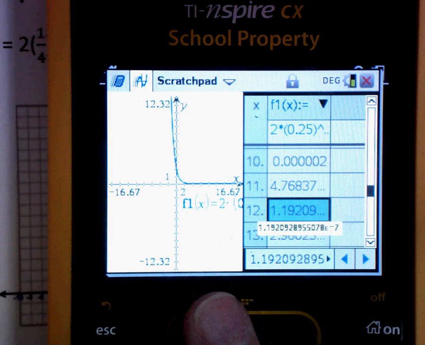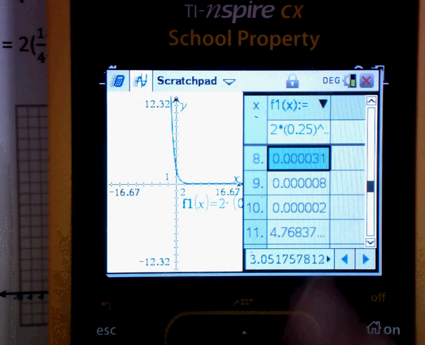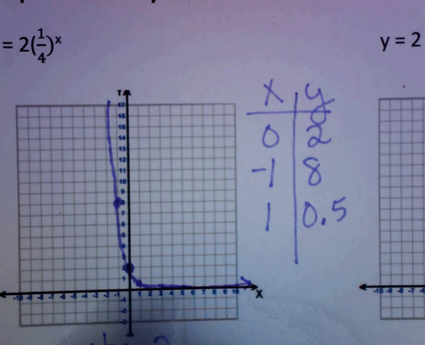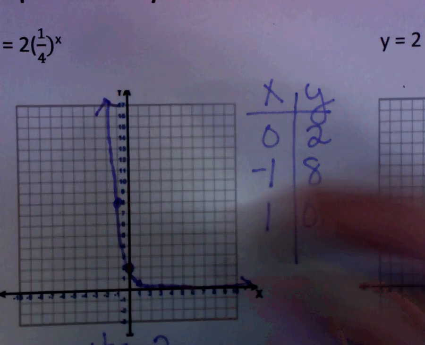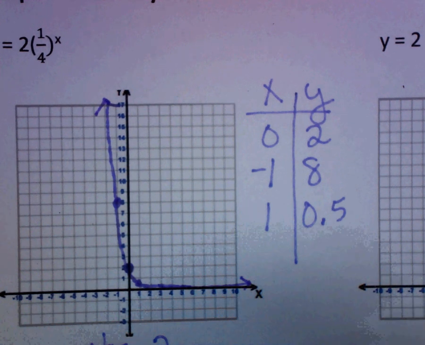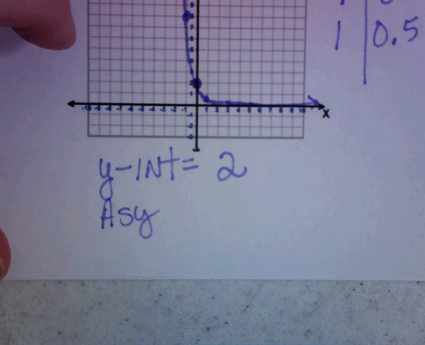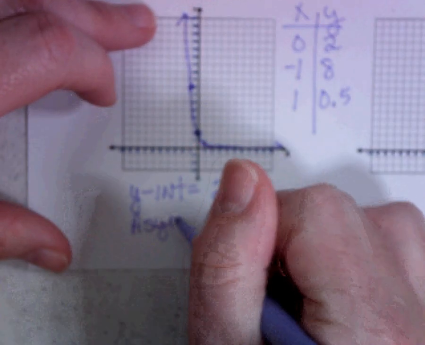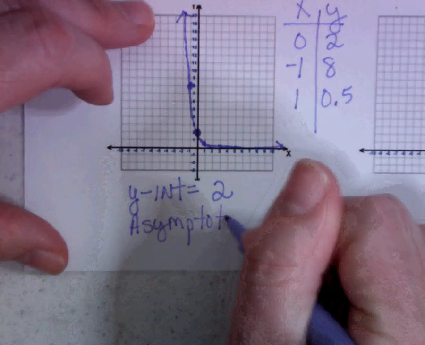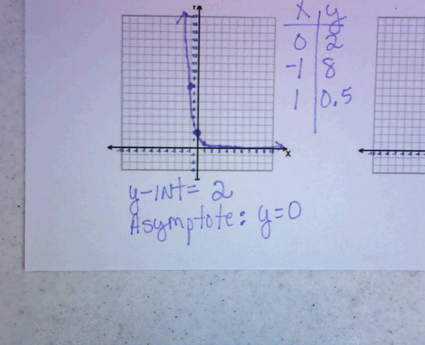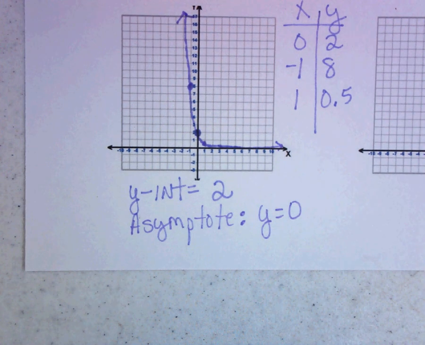But that's just because the number is so minute, so small, that your calculator can't display it. So it's approaching the y-axis, but it never actually touches it. Our asymptote, that line that it approaches but never actually touches, would be y equals 0. And most of the time, your asymptote this year is going to be y equals 0.